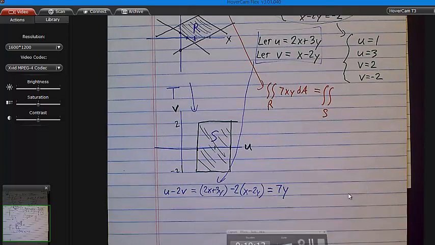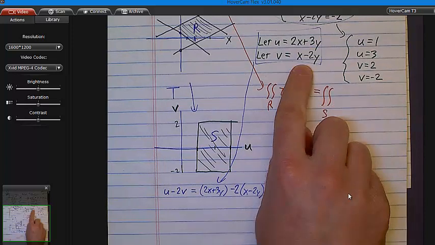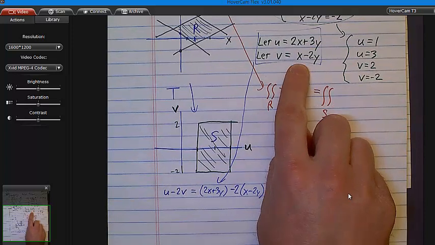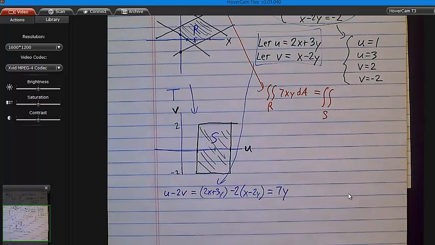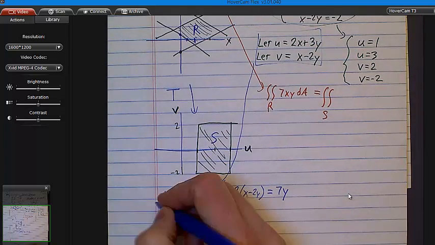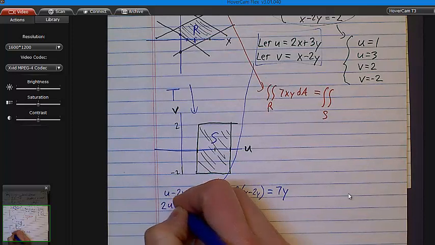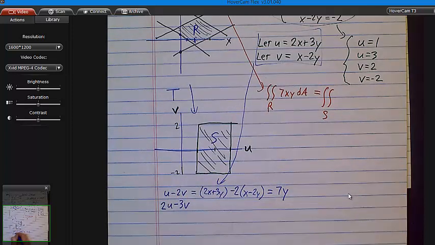Better idea. If you multiply the top equation by 2 and the bottom equation by 3, we'll have a 6 and a negative 6, right? So let's try that. Let's go 2u minus 3v. And could you guys tell me what that is?